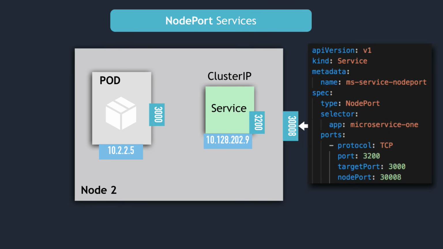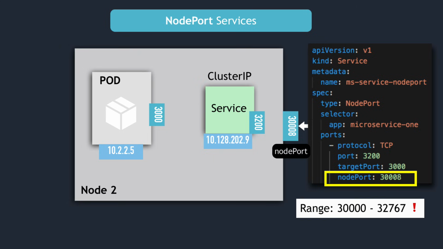And the port that the NodePort service type exposes is defined in the nodePort attribute. And here note that the nodePort value has a predefined range between 30,000 and 32,767. So you can have one of the values from that range as a nodePort value. Anything outside that range won't be accepted.